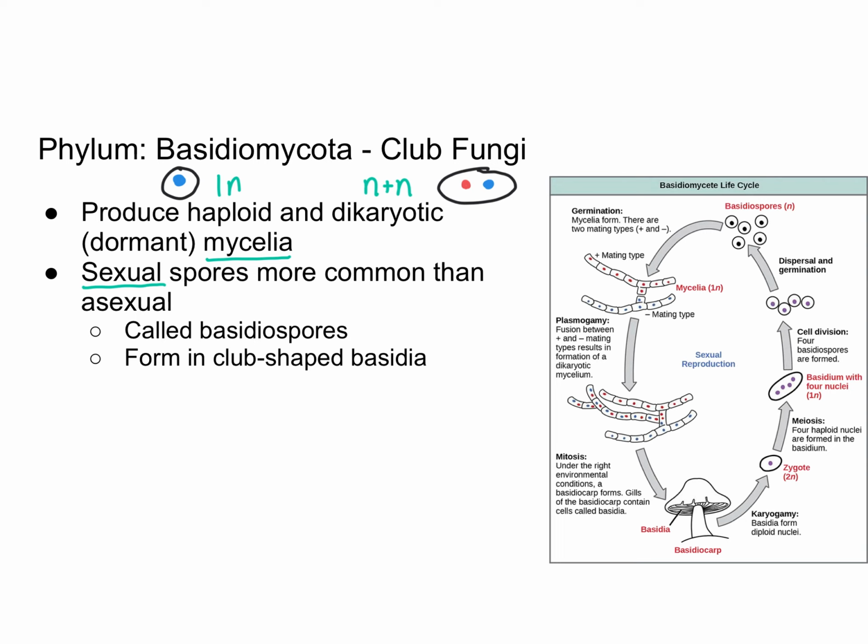The sexual spores that are produced by the Basidiomycota are called basidiospores, and they form in the club-shaped basidia, which we saw on the previous slide.